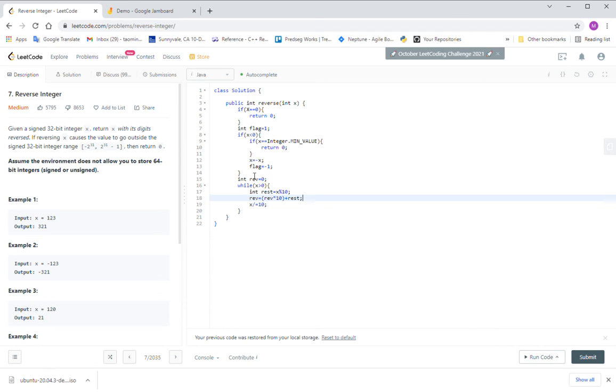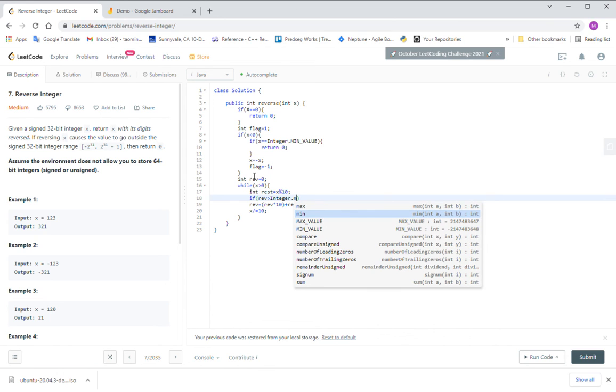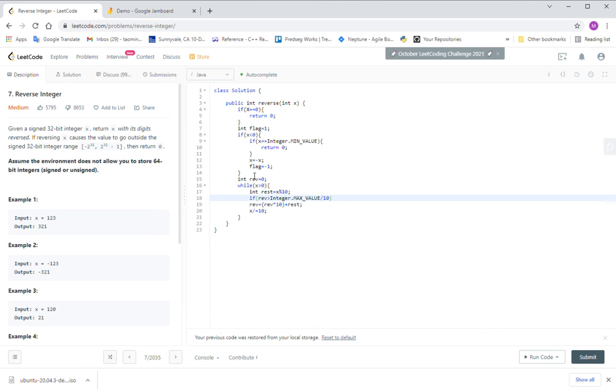Here we need to decide whether the final result is more than the maximum. So here we will do an if: if the value is more than the maximum divided by 10, we return 0.